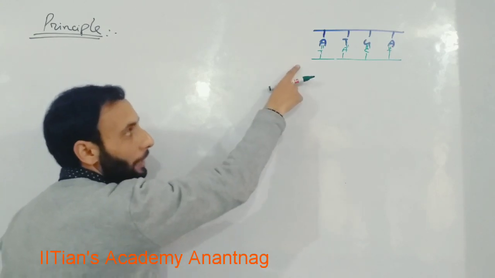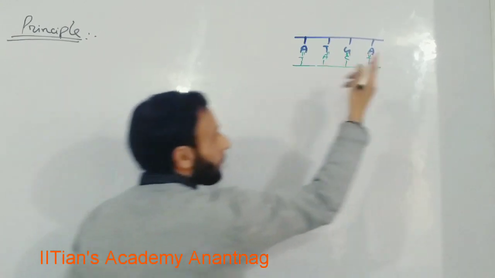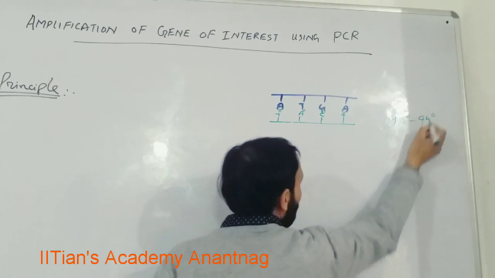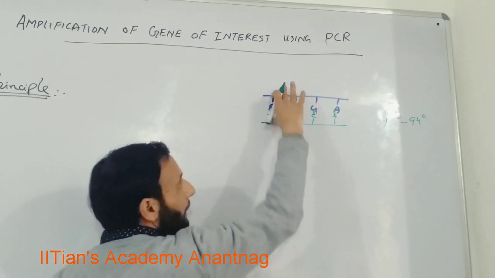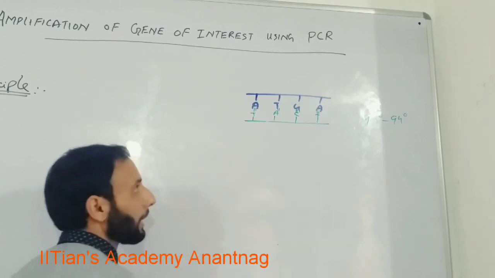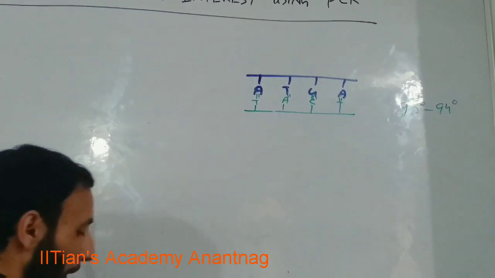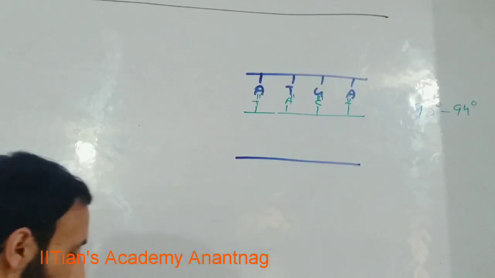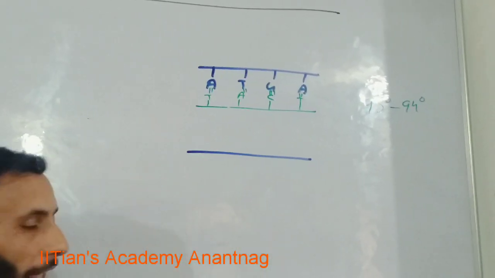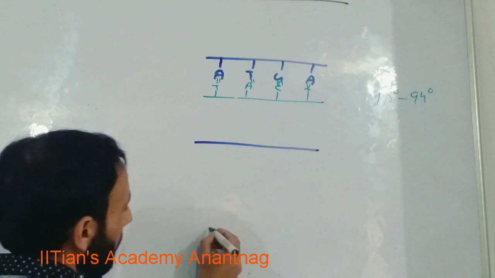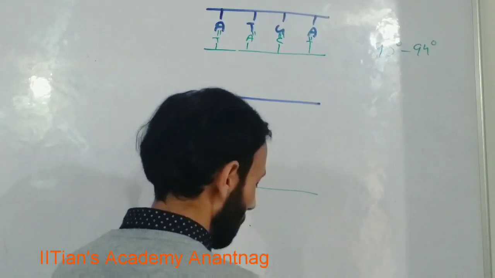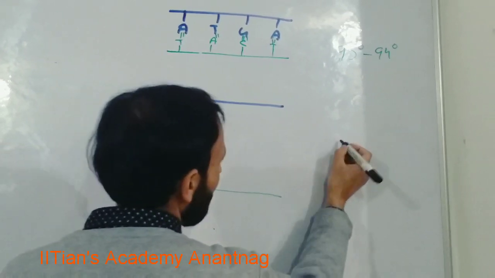So if we apply a temperature of 92 to 94 degrees centigrade, the two complementary strands of DNA will get separated. This separation of the two strands of DNA is what we call denaturation, or melting of DNA.